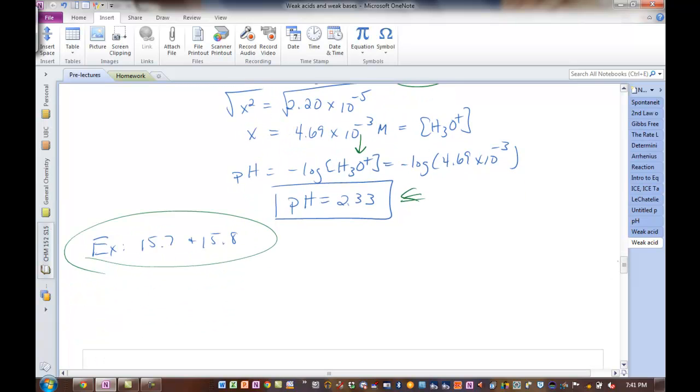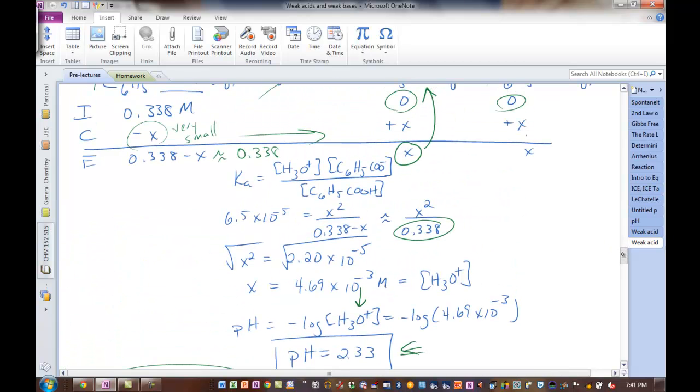Okay. Now, let's check our work. Let's check the 5% rule. All right. So change divided by initial, multiply by 100 to get a percentage. What we want to find out is whether that change is small compared to what we start with. Because that was our assumption, that the change was really small compared to the initial, and it needs to be less than 5%. And so what was our change?